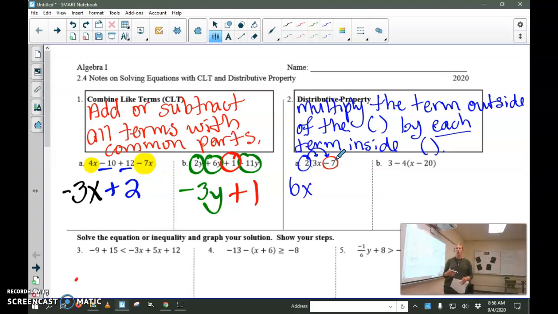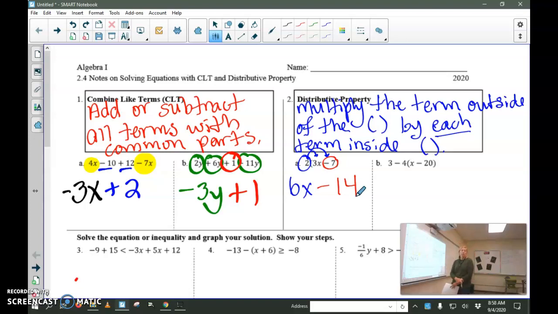So again, this whole theme of keeping whatever sign is in front of the number and using that sign and the number throughout our process. So 2 times negative 7 gives me a negative 14. So when I distribute that 2, I get 6x minus 14. They are not like terms, so I have simplified completely.